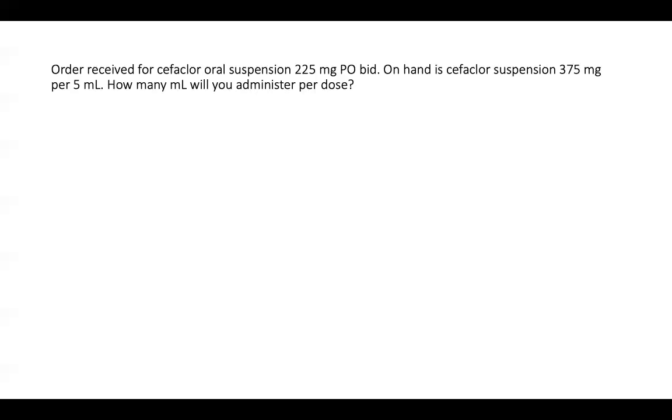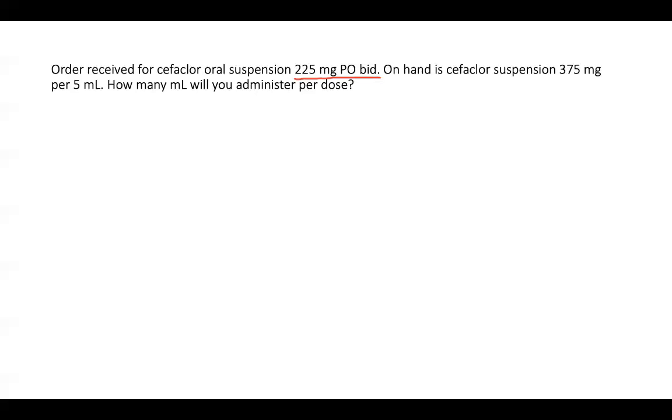Okay. So remember, before I even start with my rules, I always check my dosing schedule, just to remind myself in my brain that I might have to do something with this dosing schedule. I look at the way the order is written: 225 milligrams PO BID.